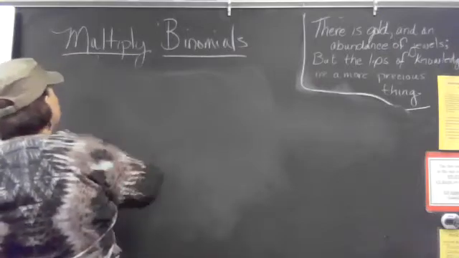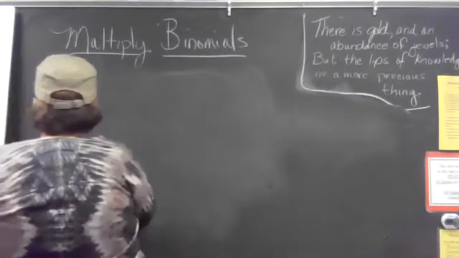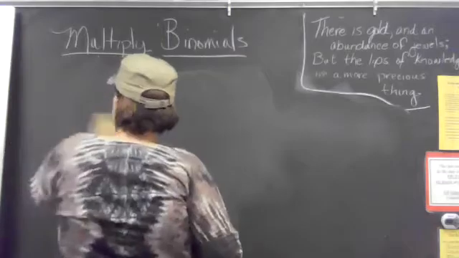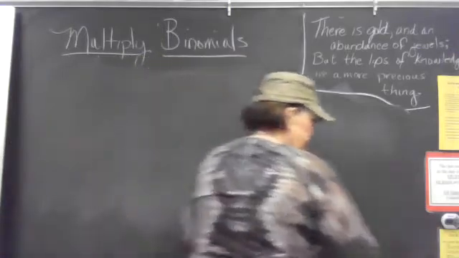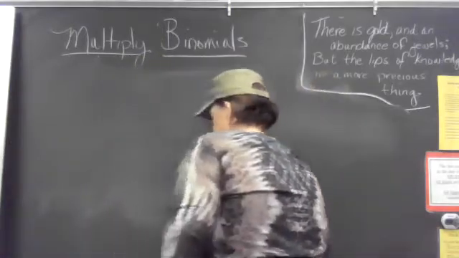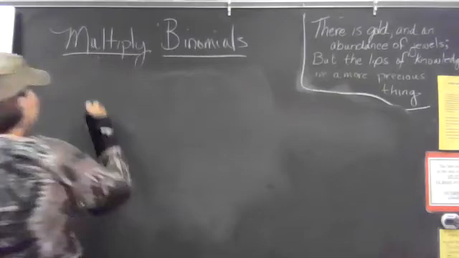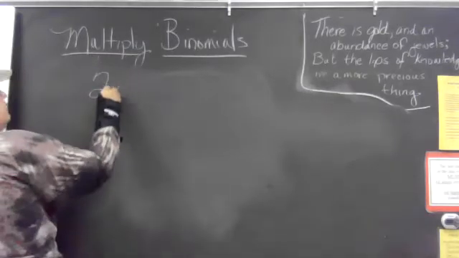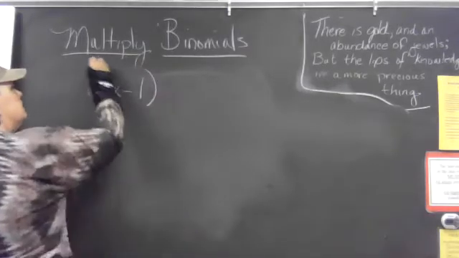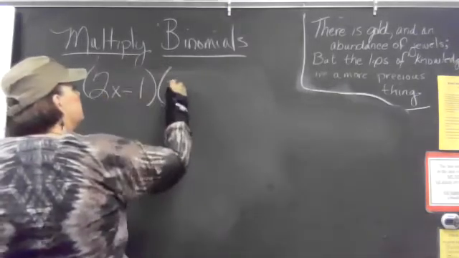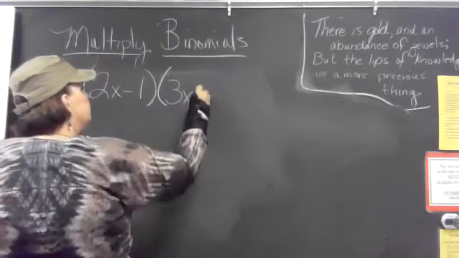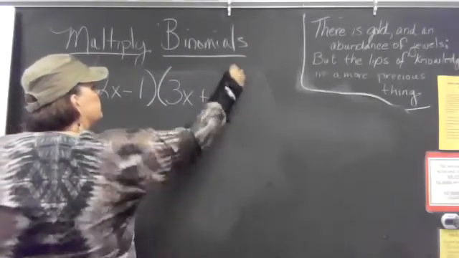And depending on which one you like best, I don't care which one you use. You'll still get the right answer. Okay, our problem. Make sure I write it correctly, please. Is it +2? Yes. All right.